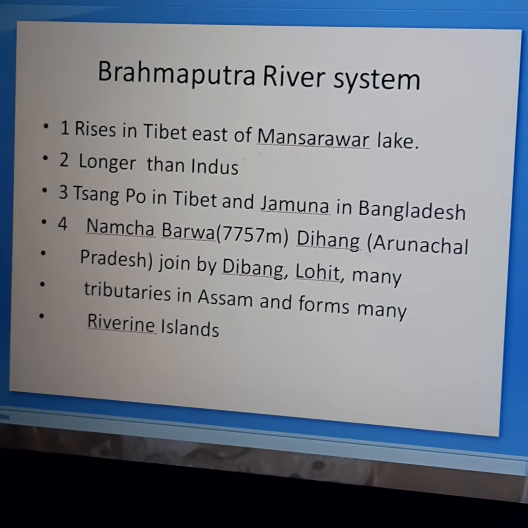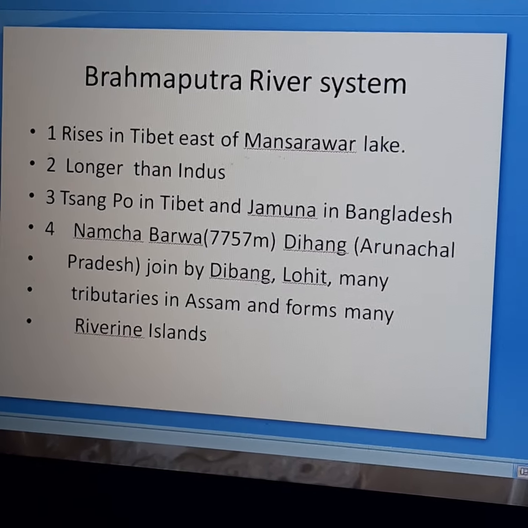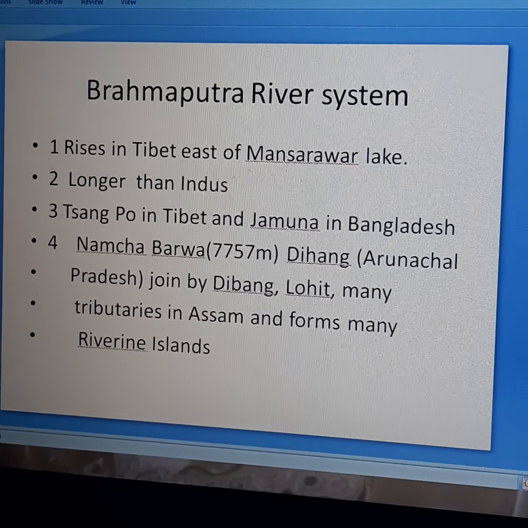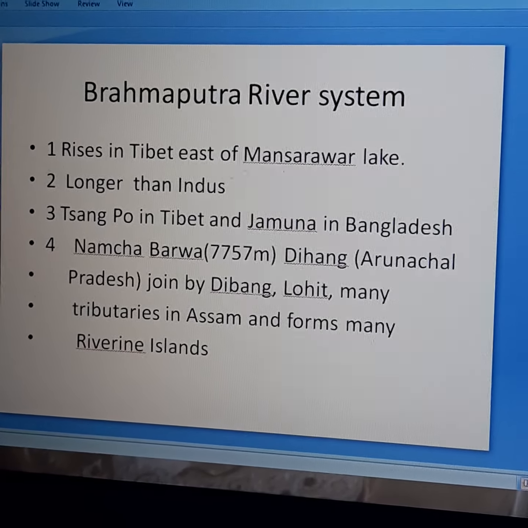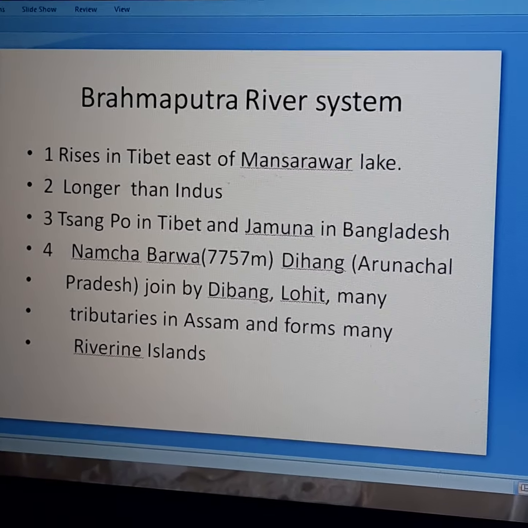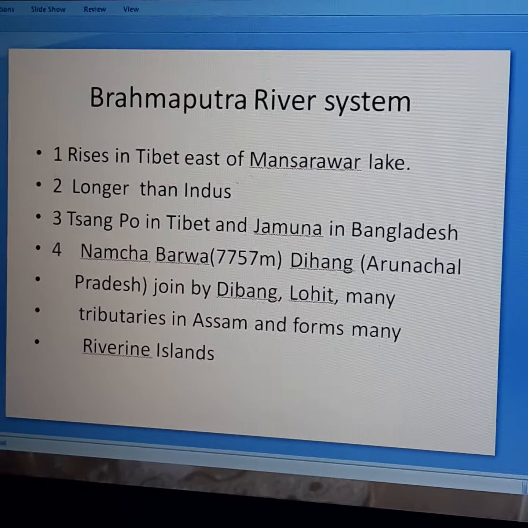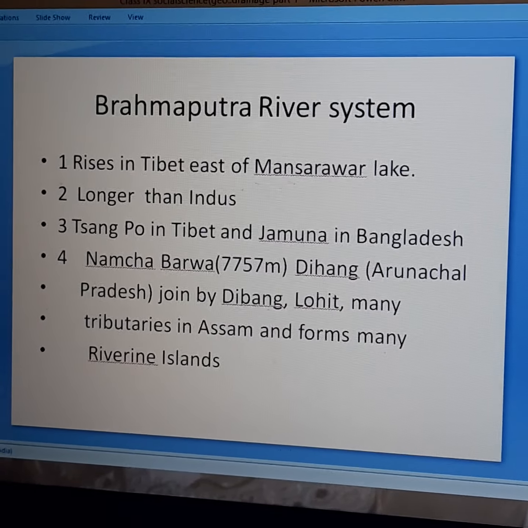And children, you'll be very surprised to know that the world's largest riverine island is found in India, that is the riverine island Majuli, which was recently recorded in the Guinness Book of World Records.